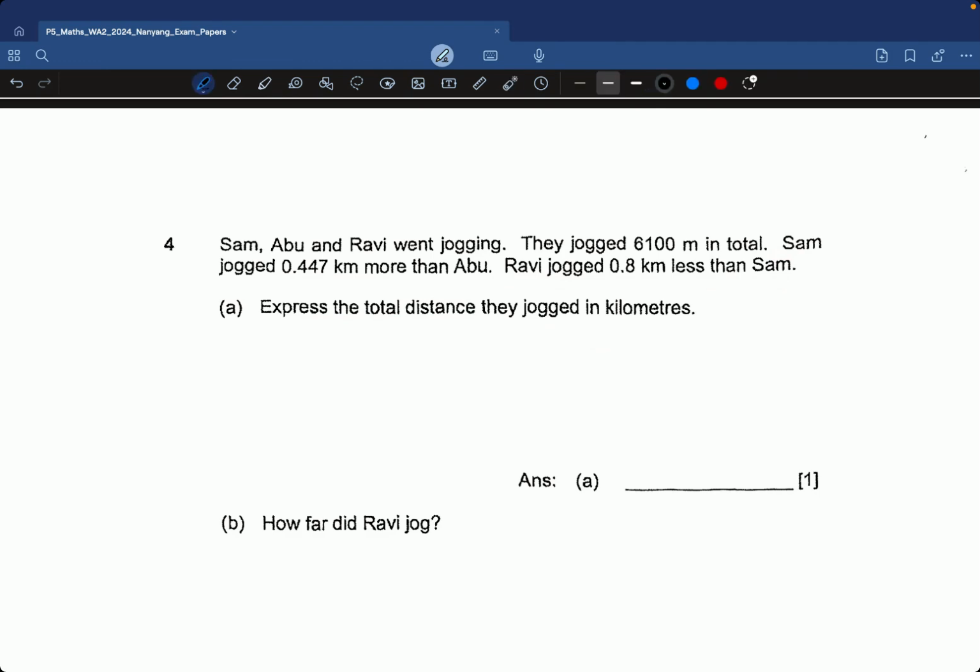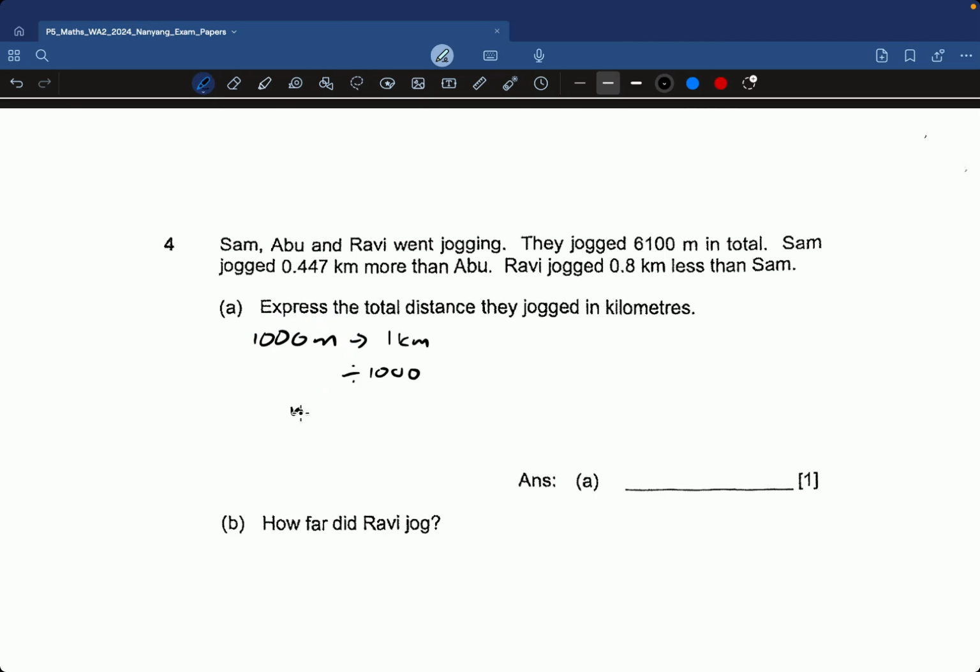So first thing is that we know that 1 kilometer is equal to 1,000 meters, right? So it's the same as 1000 meters is equal to 1 kilometer. And how we do that is basically we divide by 1000.